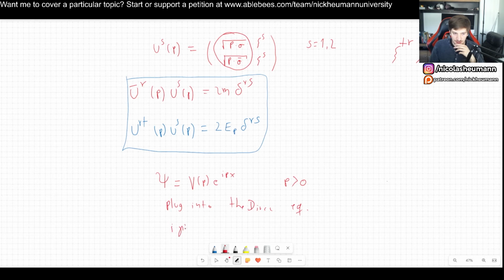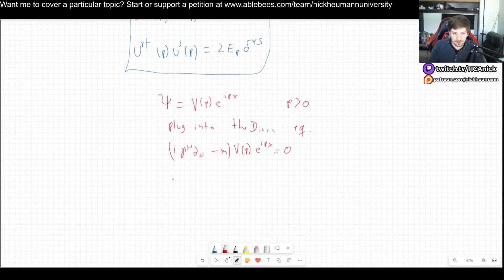i gamma mu del mu minus m, v of p e to the i px is equal to 0. And we take the spatial derivative, which is going to give us i gamma mu i p mu minus m, v of p. This thing is not really the one that makes the expression be 0, so we get rid of it.